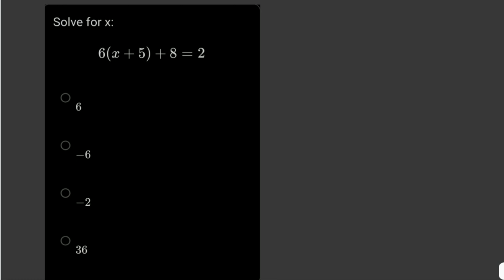Solve for x given 6 times (x + 5) plus 8 equals 2. So we're given here this expression and we solve for x. The first thing we do is simplify this one first. So that would be 6 times (x + 5) plus 8 equals 2.